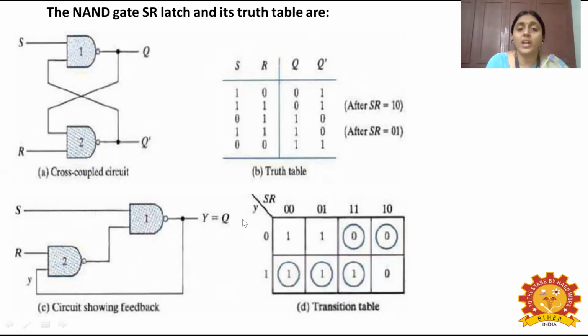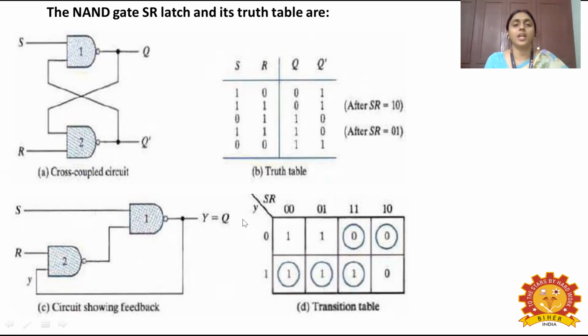So here, when S and R are given input values 1 and 0 respectively, then the next state Q and Q dash is given by 0 and 1 respectively. And when S and R are 1 and 1 respectively, then the next state Q and Q dash is given by 0 and 1.